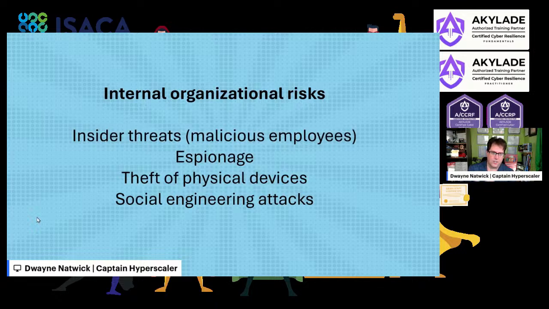Internal organizational risks, again, espionage, malicious employees, theft of physical devices. Social engineering is in here, in internal organization risks. That could go back to human error to some degree as well. But some things to state around this, and malicious employees, we'll talk about on Friday in the AI risks and ethics discussion.